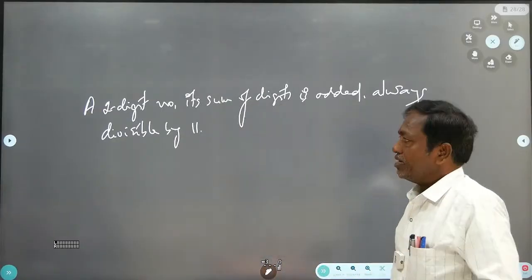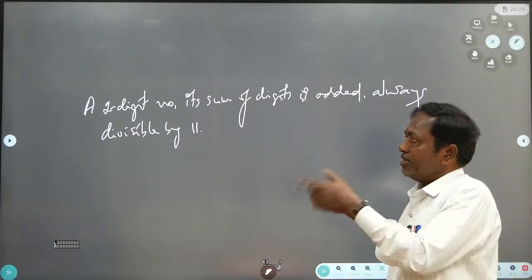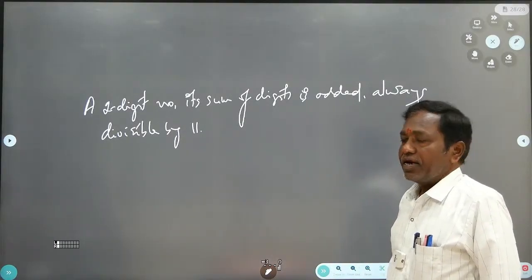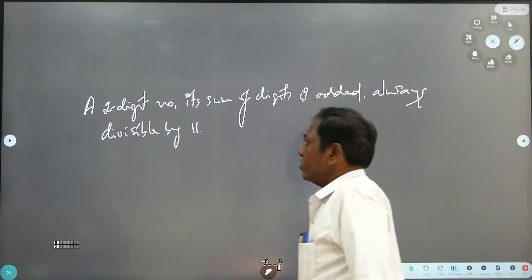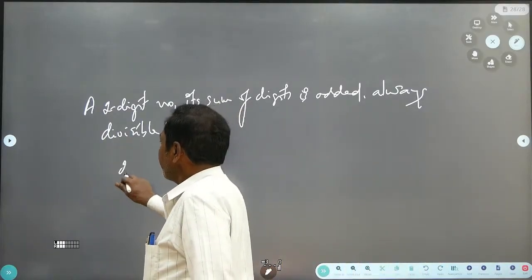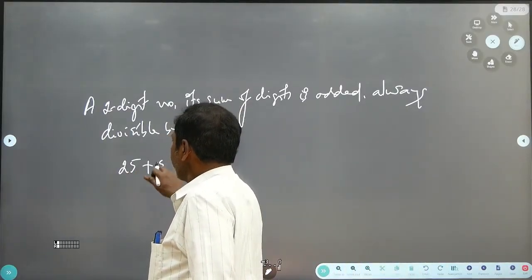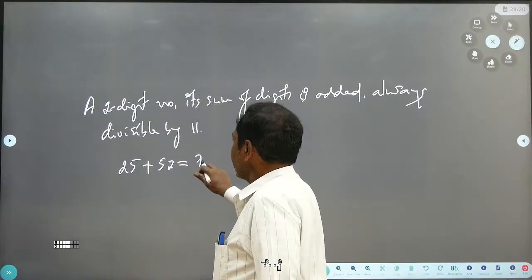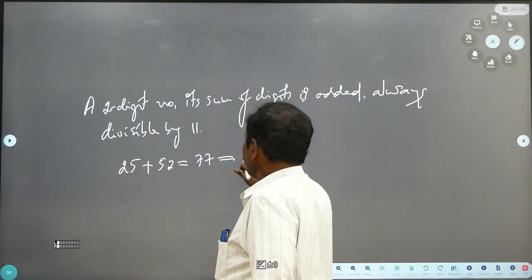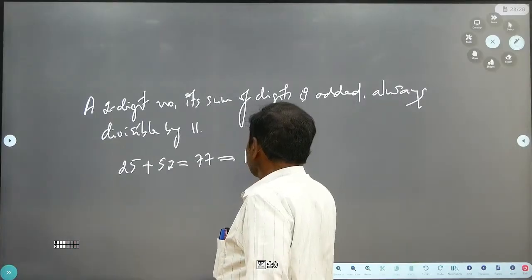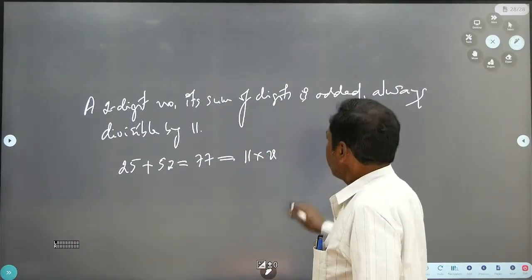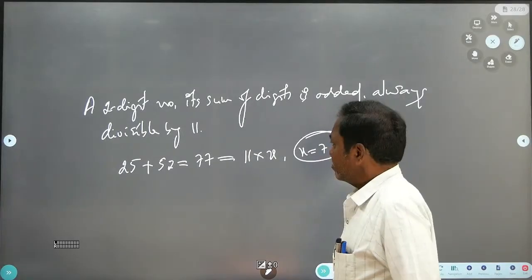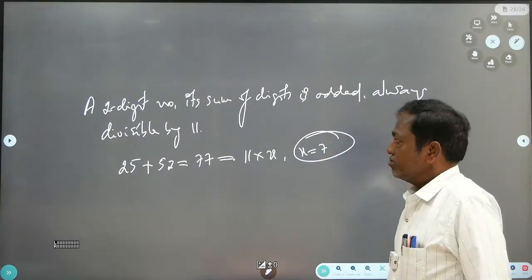Subtracting is divisible by 9. Adding is divisible by 11. Say for example 25 plus 52, that is 77, which is equal to 11 into x, then x is equal to 7. That is a property.